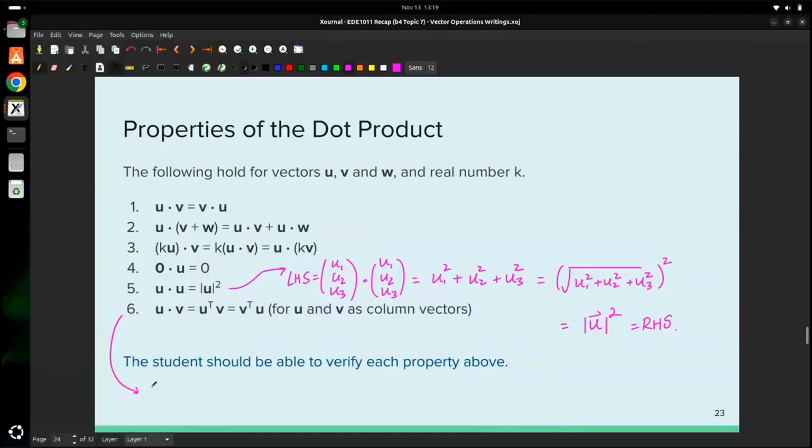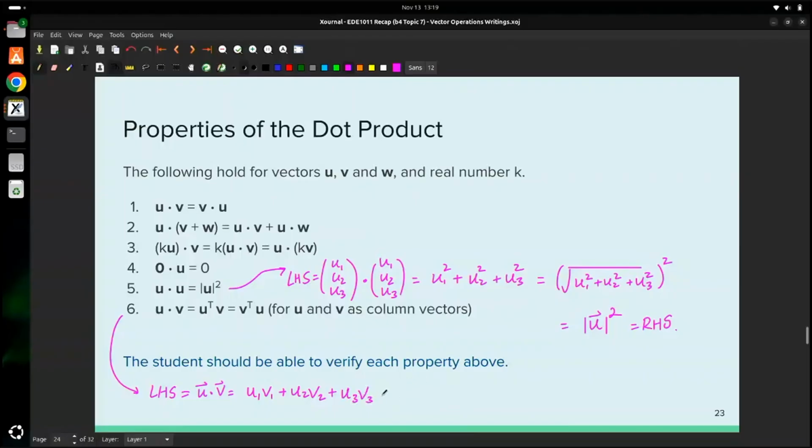So if you have the left hand side, this one is u dot v, then u dot v is, let's say for example, u1 v1 plus u2 v2 plus u3 v3. Let's say 3 components.